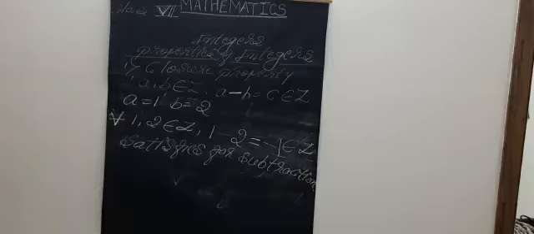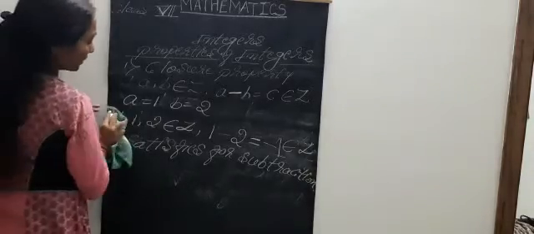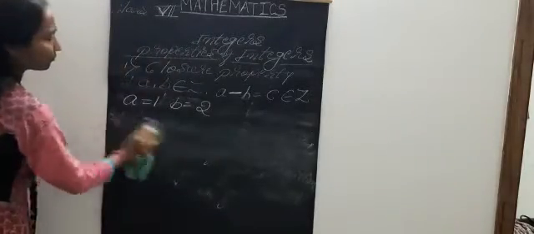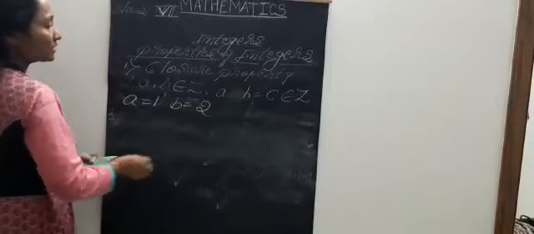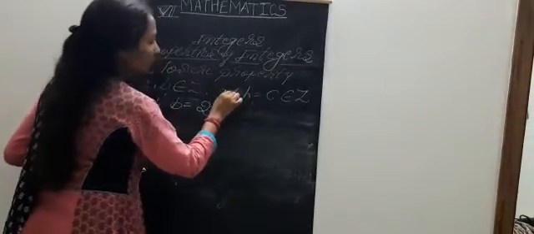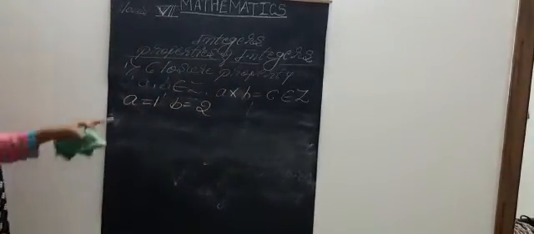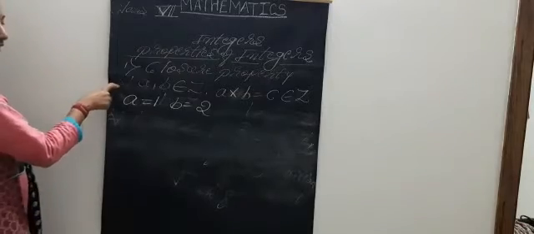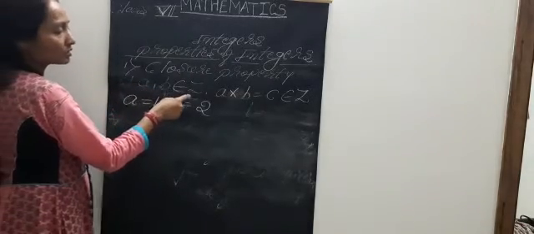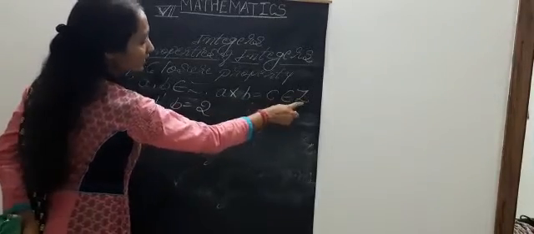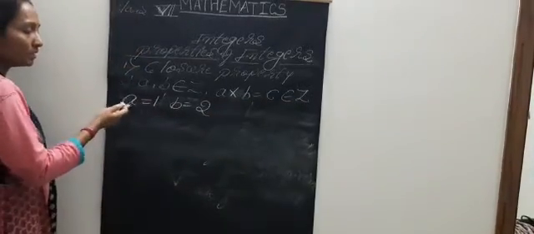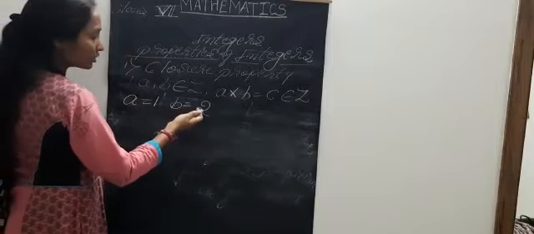Next, closure property for multiplication. So instead of minus, again we will change the sign to the multiplication symbol. For any a comma b belongs to Z, a multiplied by b is equal to c belongs to Z. Again I am taking the same example, a is equal to 1, b is equal to 2.